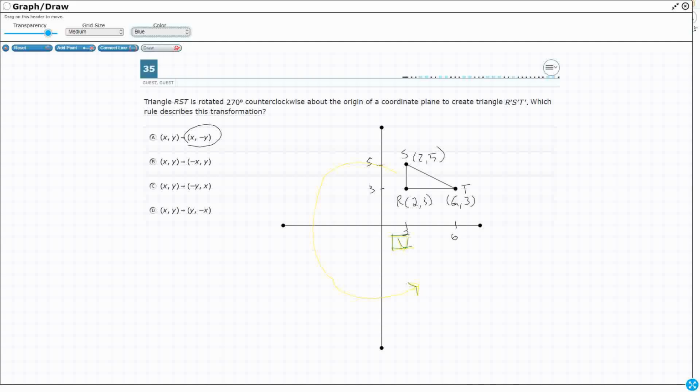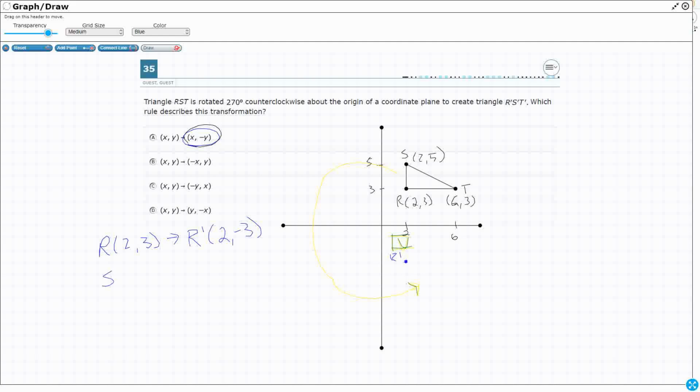I'll start with this: (x, y) gets transformed into (x, negative y). So I'll start with R at (2, 3). My R coordinate is going to become R prime, where my x stays the same and my y becomes negative. So (2, negative 3). That's at least in the right quadrant, right?